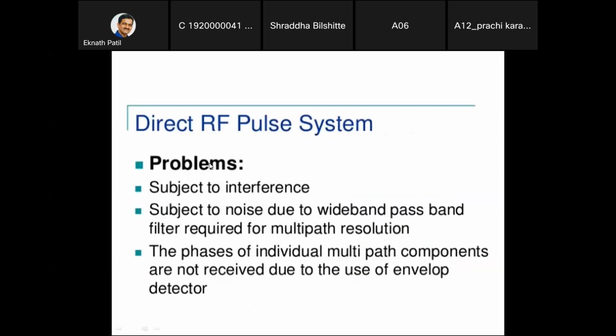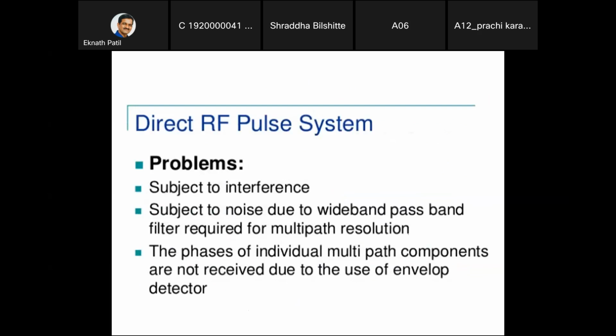Direct pulse system has problems like being subject to interference, subject to noise due to the wide pass band filter required for the multipath resolution. The phases of the individual multipath components are not received due to the use of the envelope detector.